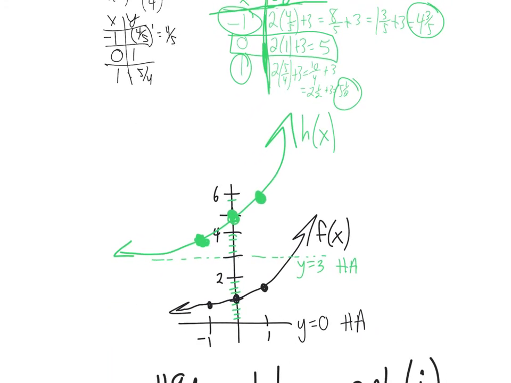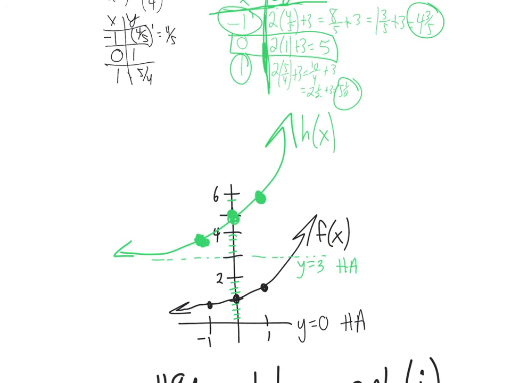The black curve is the parent, and something we never mentioned in the first example, the exponential functions have a horizontal asymptote, which is the c value. So for the parent function, c equals 0, and our horizontal asymptote is y equals 0.